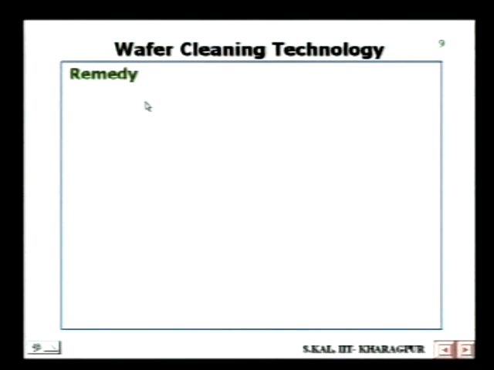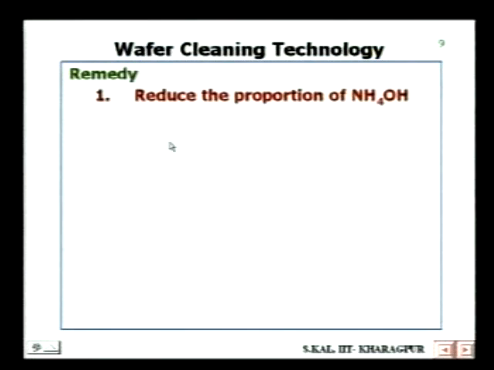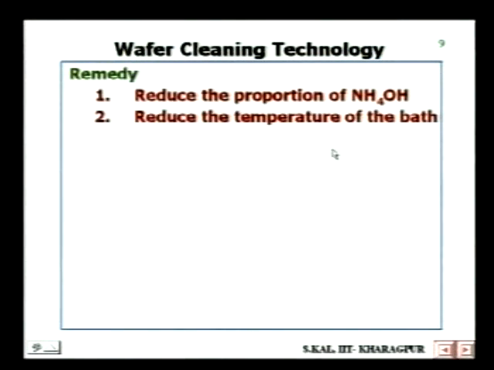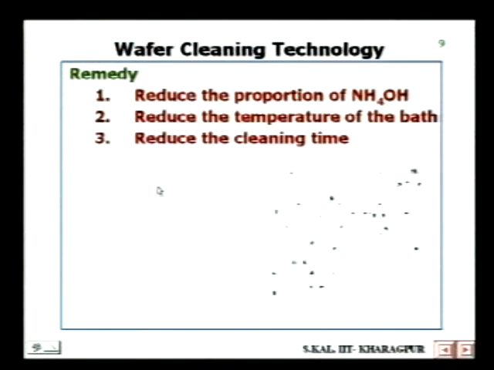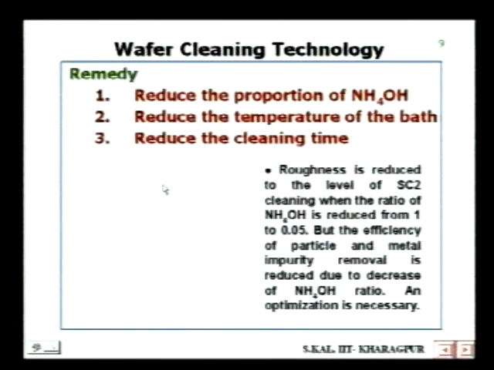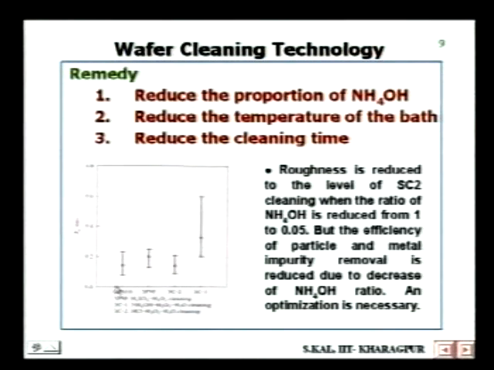Now, a remedy for this particular roughness formation is as follows: first, reduce the proportion of NH4OH. Second, reduce the temperature of the bath. Third, reduce the cleaning time. And in this particular picture, you can see the roughness values.